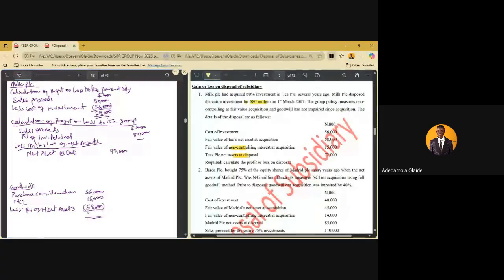Is 13,000. And since they told us the goodwill is yet to be impaired, that means you need to bring it here and say unimpaired goodwill of 28 million more. Then after that, we now less subsidiary, which is less NCI.